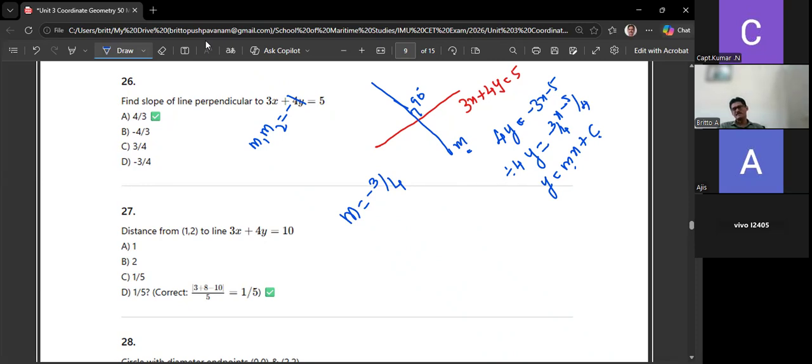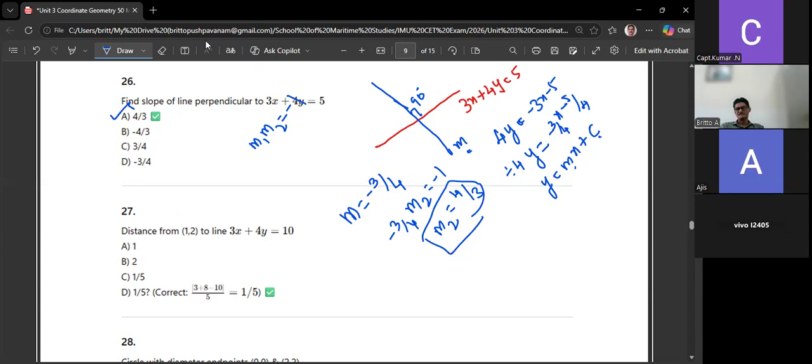Now they ask for the slope of a line perpendicular to this line. We know the condition m1 into m2 equal to -1. We have the first slope minus 3 by 4 into m2 equal to minus 1. Cross multiplying, the minus signs cancel, so you get 4 by 3. So the slope of the line perpendicular to the given line is 4 by 3.